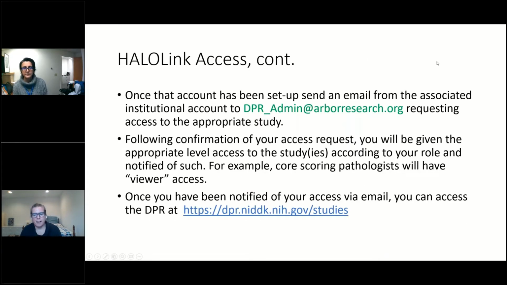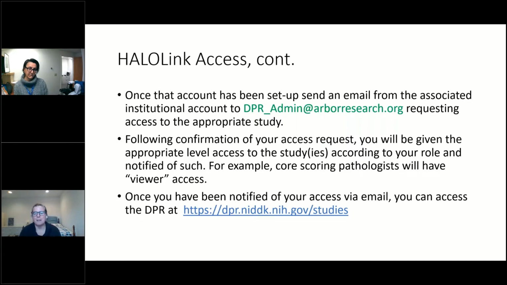Once you have that login.gov account, you can send an email from your institutional account to the address shown, DPR_admin, and we'll get the email. We'll confirm that you're on our list of people who we think should have access.